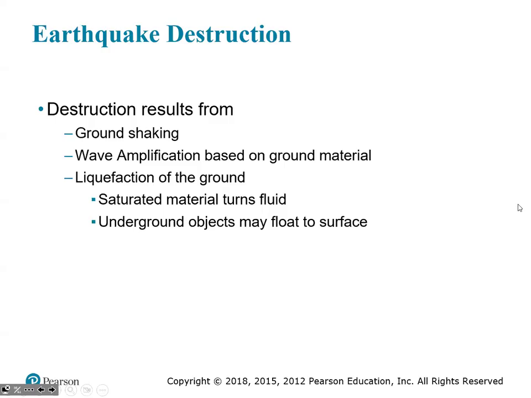And liquefaction of the ground, where saturated material, that's material that's full of water, turns fluid. What can happen is underground objects may float to the surface, and objects may sink into the ground that has turned liquid when it wasn't liquid before.